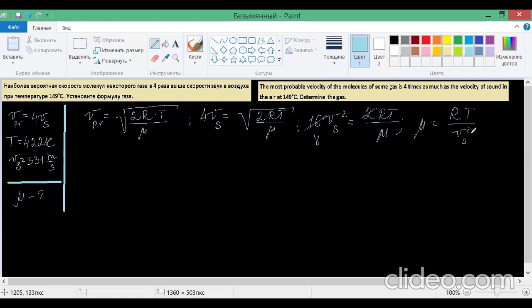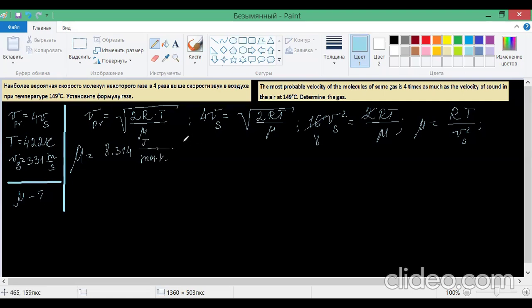Okay, so our next step is to plug in the numerical values of these terms into this formula. So mu is equal to, the gas constant value is 8.314 joules per mole per Kelvin.